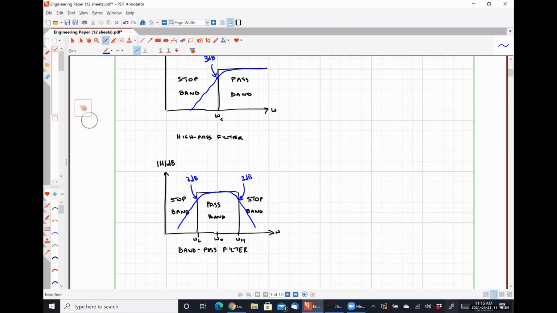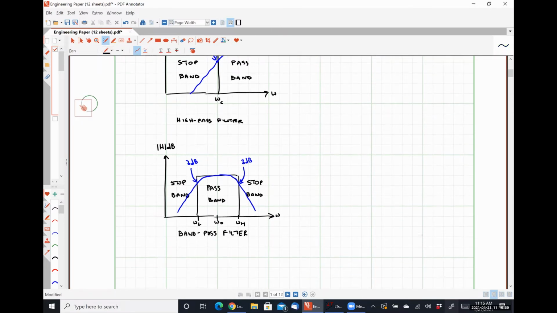In my other class that I'm teaching right before you, we were doing the frequency response of transistor amplifiers, and all transistor amplifiers behave like bandpass filters to some extent, meaning that at very low frequencies, the coupling capacitors and everything dominate, and so you don't get any good gain. In the mid-band frequencies, which is between omega L and omega H, the amplifier works very well. And at particularly high frequencies above omega H, the internal capacitance of the transistor effectively turns it back into a bad amplifier again, where everything gets attenuated.